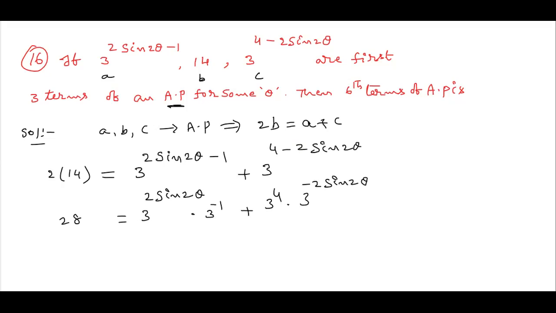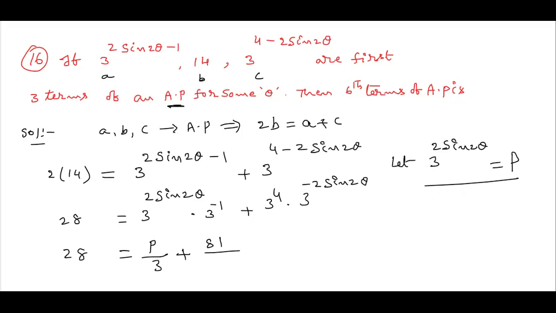Let 3 power 2 sine 2 theta be some constant p. This is an assumption only. Now substitute: 28 is equal to p times 3 power minus 1, which is 1 by 3, plus 3 power 4, 81, divided by 3 power 2 sine 2 theta, which is p, so we get 1 by p.